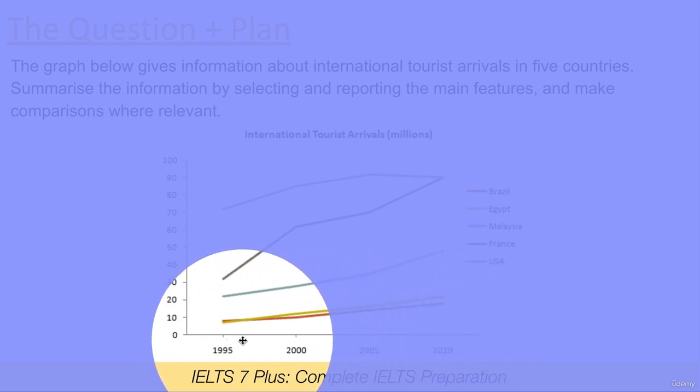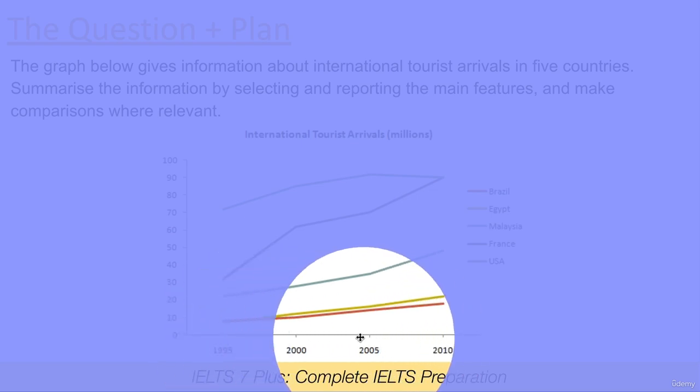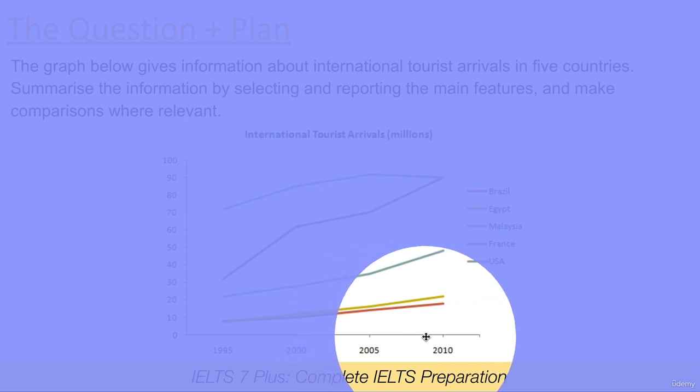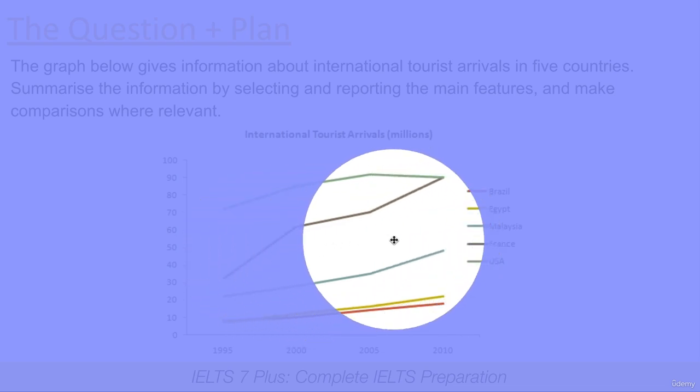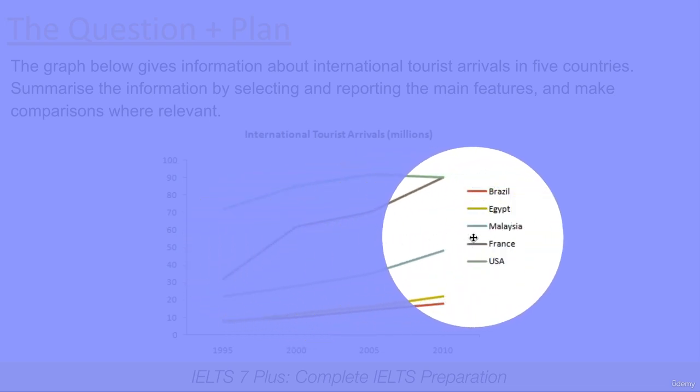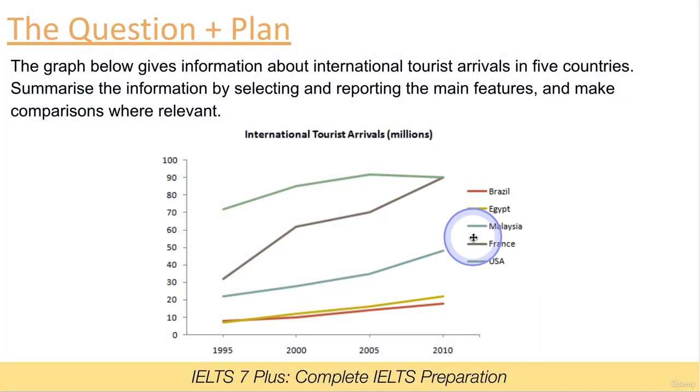So we start in the year 1995, some of us were around for then, and then we end in 2010. And the different colour of the lines represent the 5 countries we have here. So we have Brazil, Egypt, Malaysia, France, and the USA.